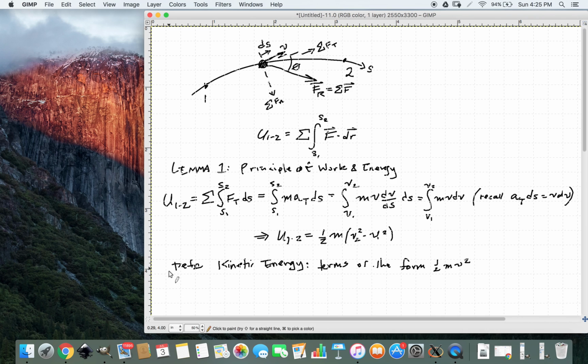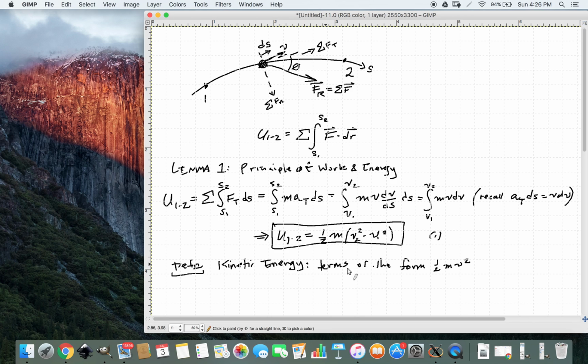So if we take this definition, we can go back to our equation here. So let's give this thing a name. Let's say that what we had back at this point was equation 1. Let's take equation 1 here and substitute in the fact that these are terms like kinetic energy.